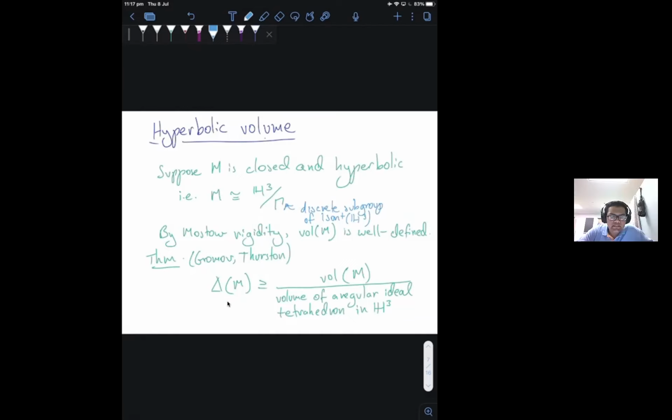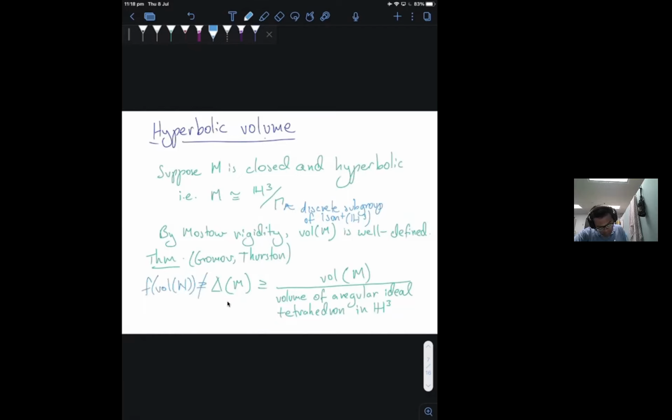And then just now you argued that triangulation complexity of M can't be bounded above by volume, for any function. That's just impossible. Thanks for clarifying. Any other questions?